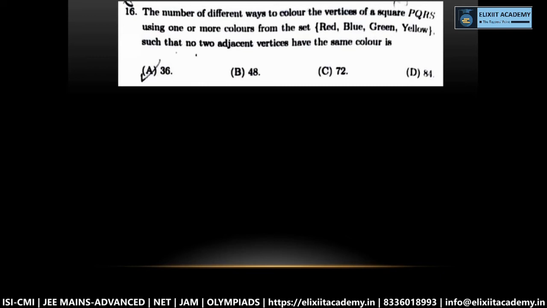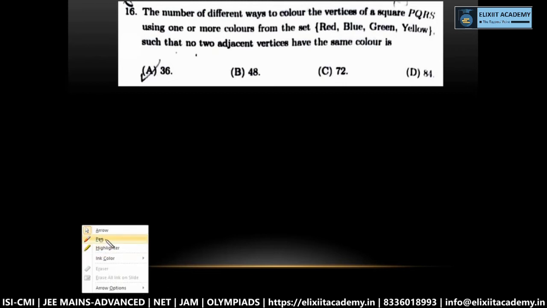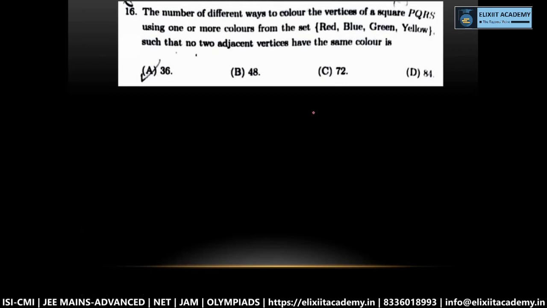It's a question of permutation combination. The number of different ways to color the vertices of a square PQRS using one or more colors from the set red, blue, green, yellow, such that no two adjacent vertices have the same color. So let us solve this question. The colors are red, blue, green, and yellow.